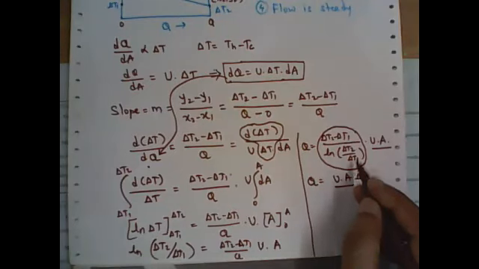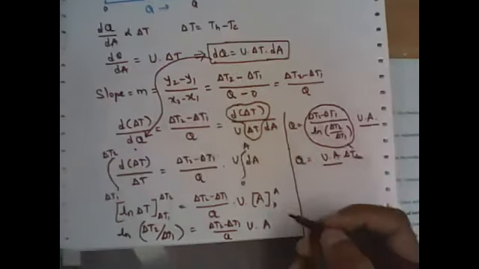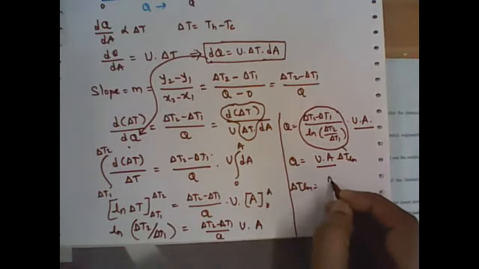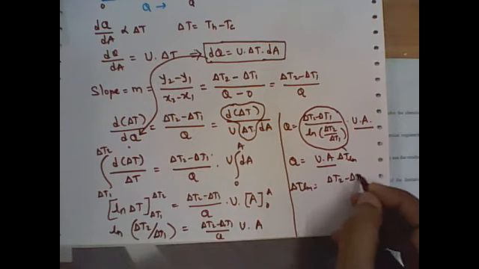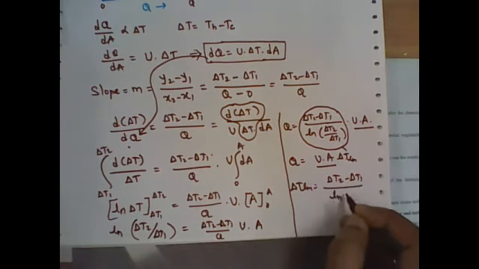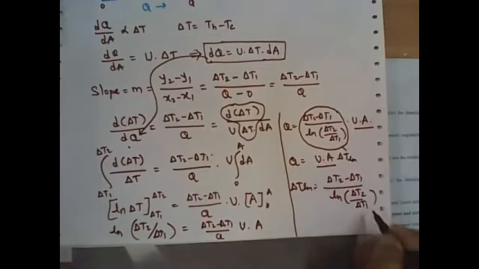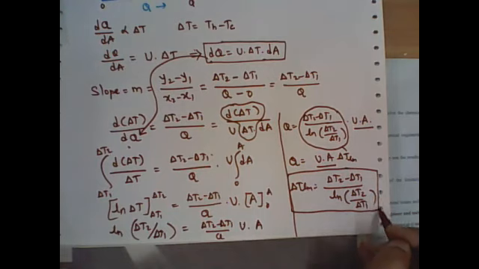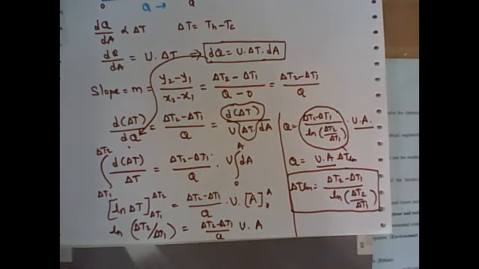These temperature differences are called approaches. So we can write delta TLM as delta T2 minus delta T1 upon ln of delta T2 by delta T1. So this is our final equation of log mean temperature difference, or LMTD, right?